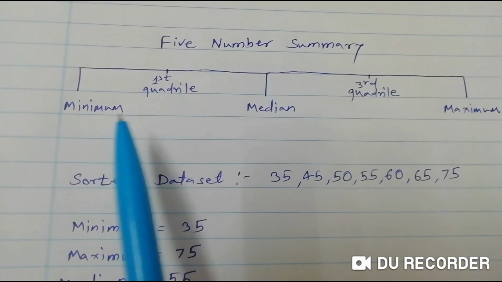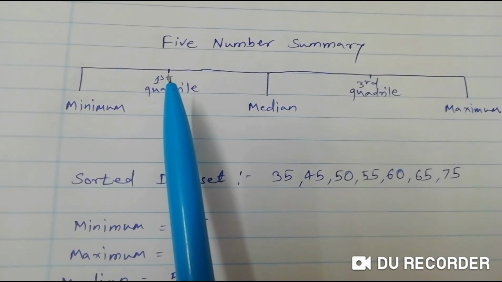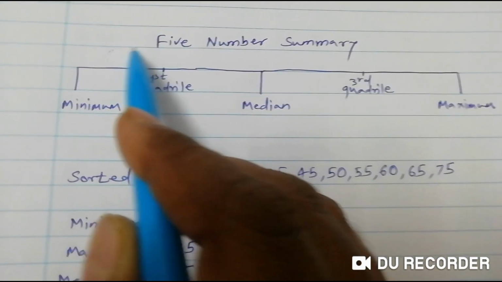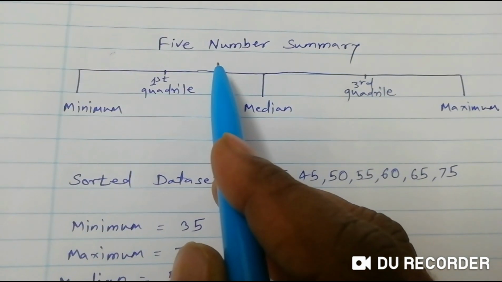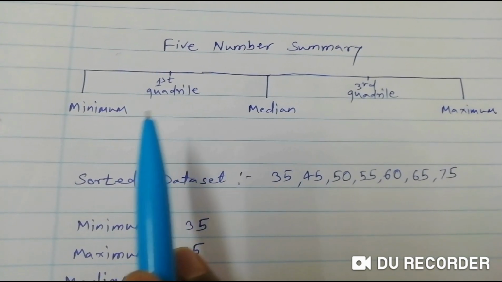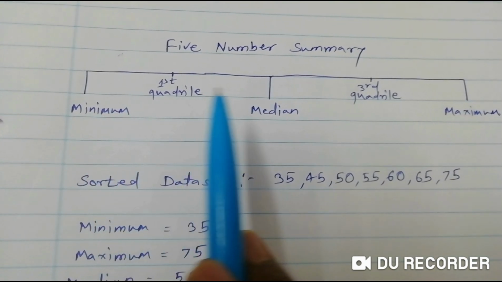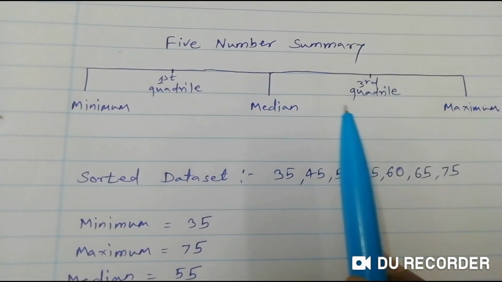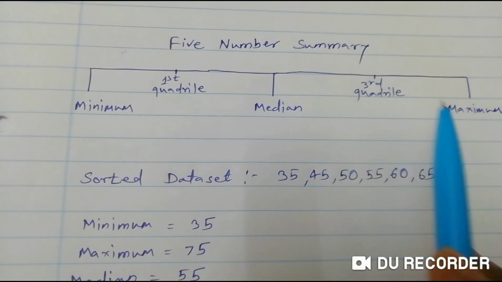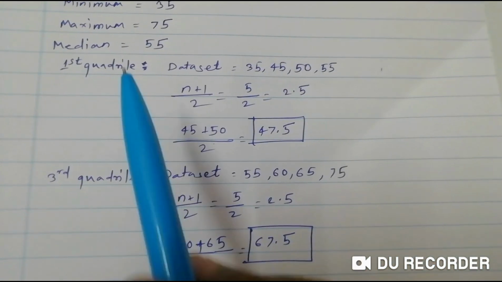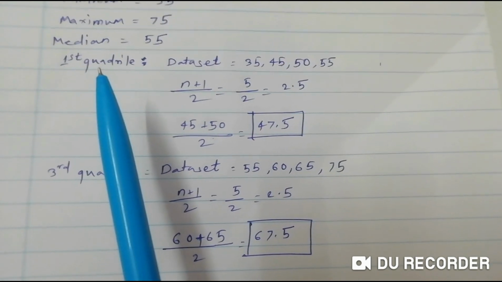Then each 50% part is again divided, so we can say this is our 25% part and this is our 25% part. So we have to calculate the median of the minimum and median, and that will be our first quartile value, and the median of the median and maximum will be our third quartile value. So we have calculated that here.